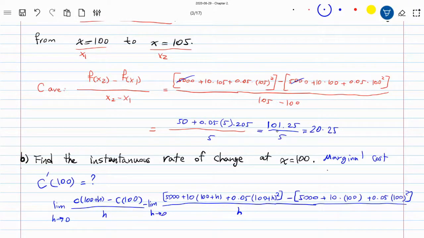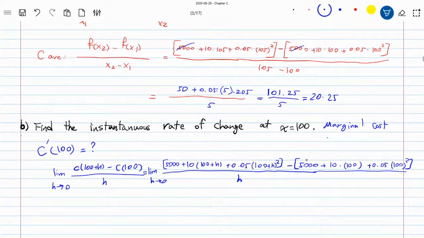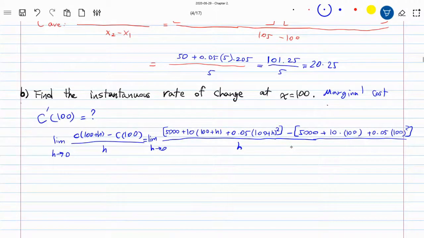I'm going to skip this step, but you can calculate these numbers, multiply, and subtract them from each other. I'm going to go ahead and say there is a shortcut. We'll talk about it later. The result would be 10 plus 0.1 times 100. That is 10 plus 10, so you'll get 20.